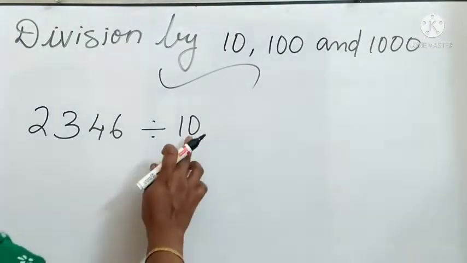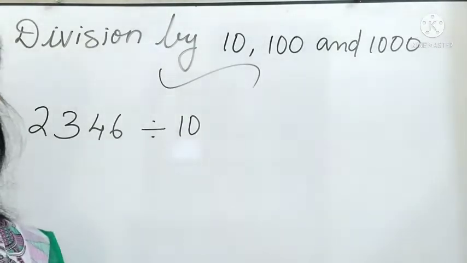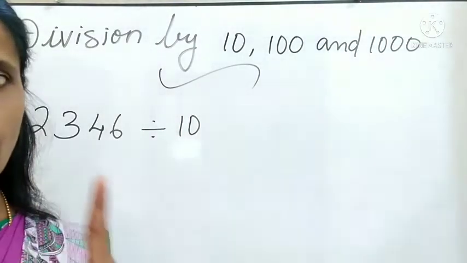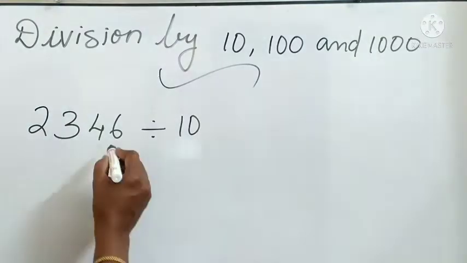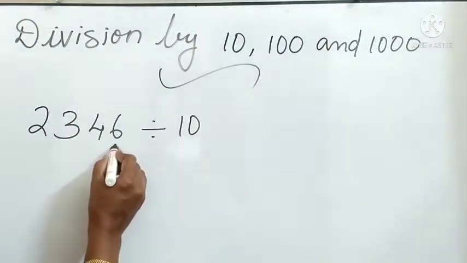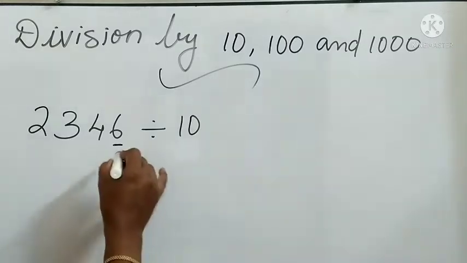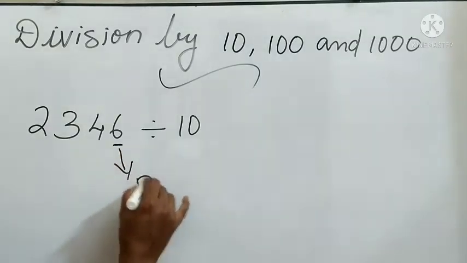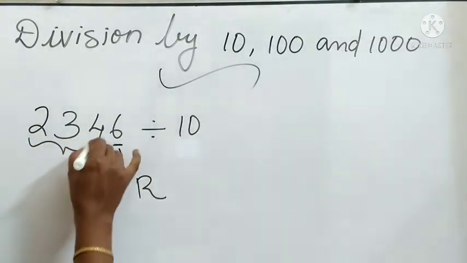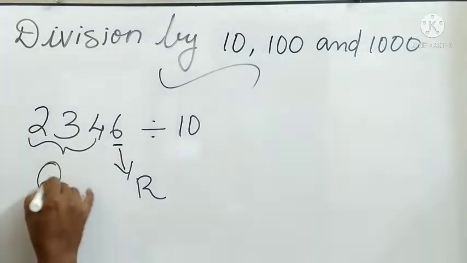Yes. In 10, how many zeros are there? Yes, only one 0. So, the last ones place number forms the remainder and the remaining 3 digits form the quotient.